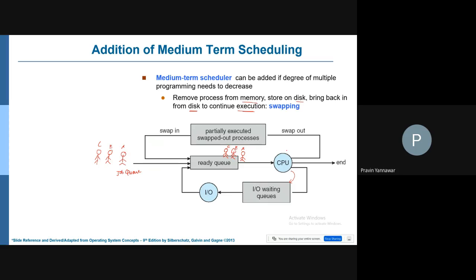So it has to be moved from CPU to memory, memory to storage, and from storage back to the ready queue. Whenever this happens, the states are saved.